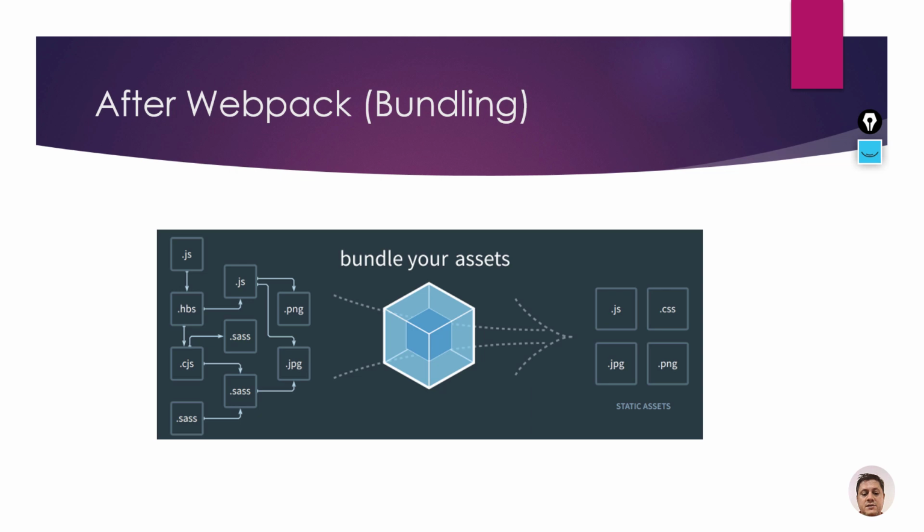So all the JS files, PNG files or JPG files, images, SASS files, CSS files, whatever, all converted into 4 types of assets. In this image at least I am showing you 4 different types of assets: JS, CSS, JPG and PNG.